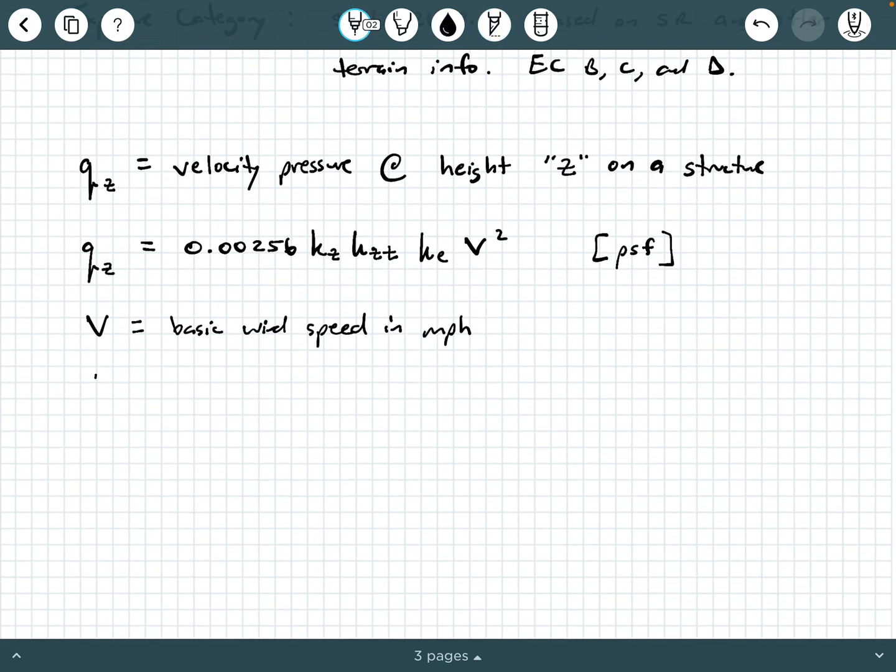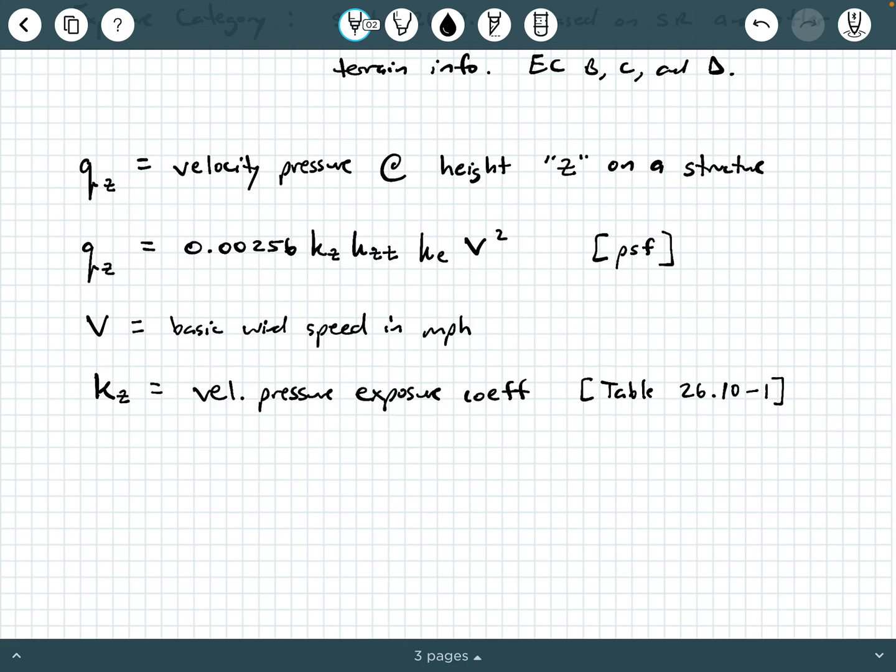So Kz, which is this first value here, the first coefficient here, is called the velocity pressure exposure coefficient. And in ASCE 7-22, we're going to get this from table 26.10-1. So go ahead and maybe follow along with me and find that table 26.10-1.